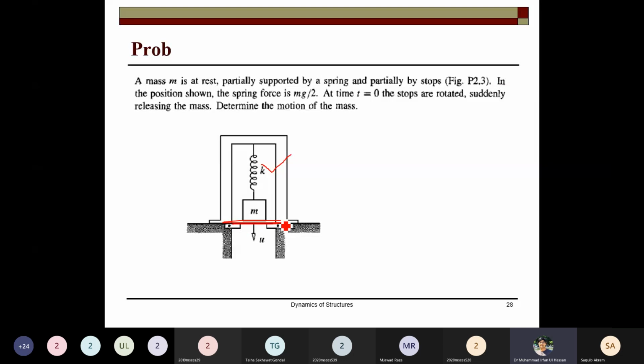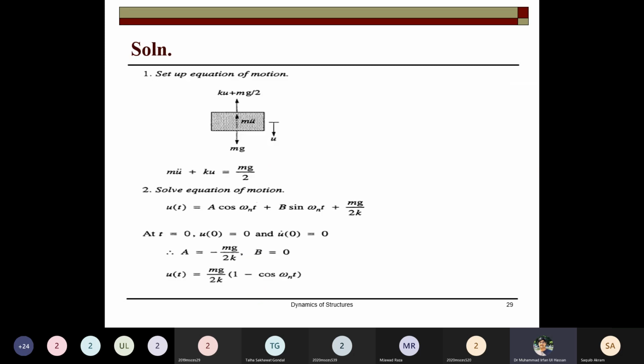The spring force is half, not full, at time t0, and when the stops are rotated, the mass is suddenly released downward. Determine the equation of motion for the system.